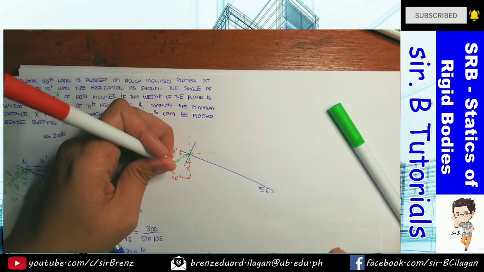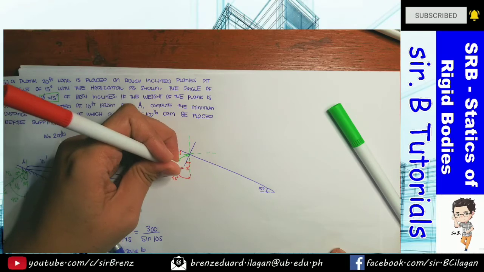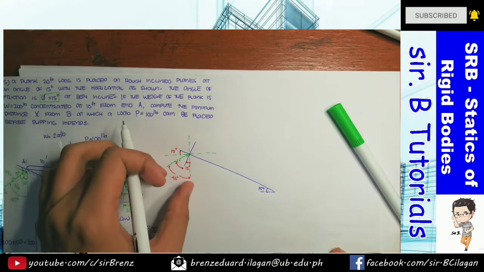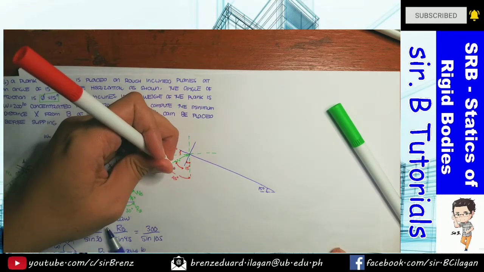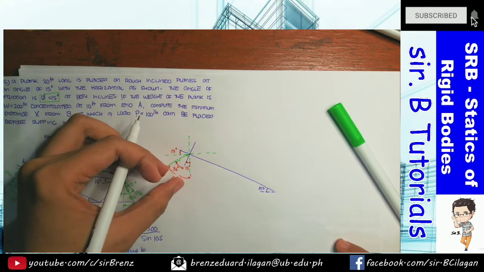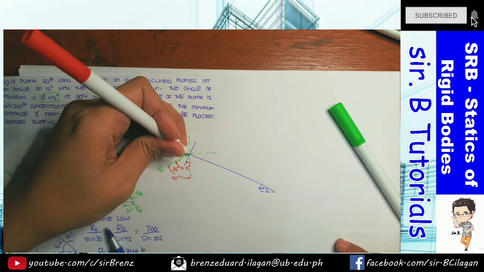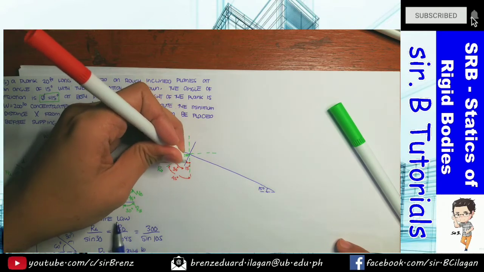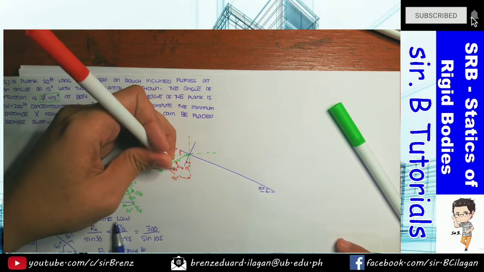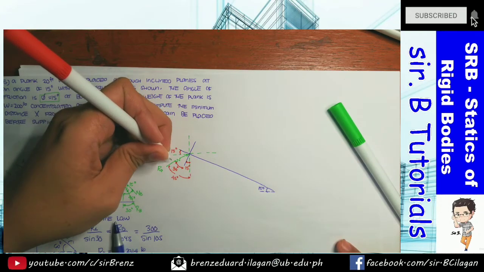So, ano yung angle na to? So, 45 minus 15, that is equals to 30 degrees. And, if that is 30 degrees, considering this angle ha. So, kung 30 to, and ito is 15, ano yung angle na to?